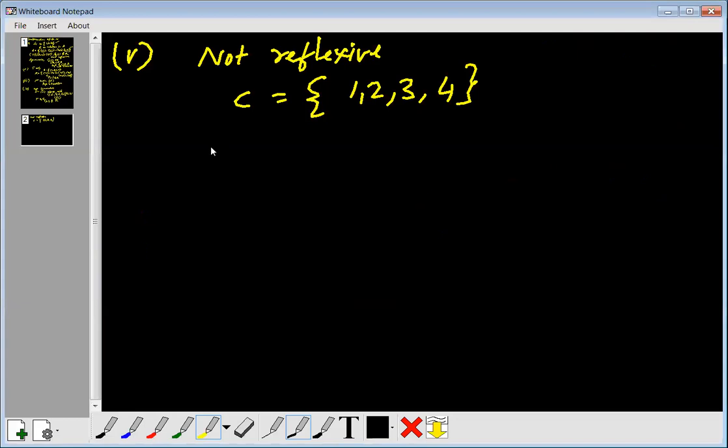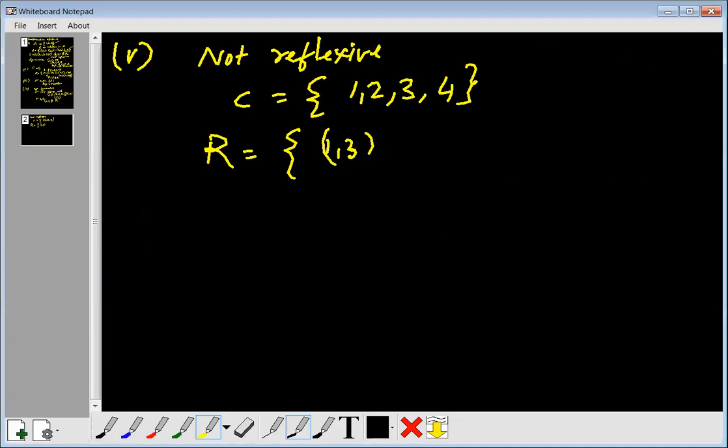So we consider the relation R to be (1, 2), and so it should not be reflexive. That's all. Okay. Then if I take (1, 3) for example, (1, 3) is there, and then you need to have (3, 1). Okay. So let's not do that.